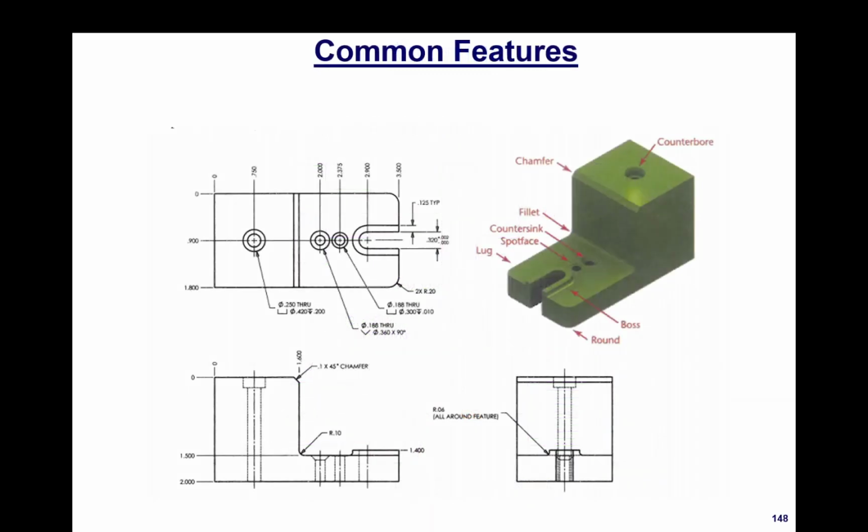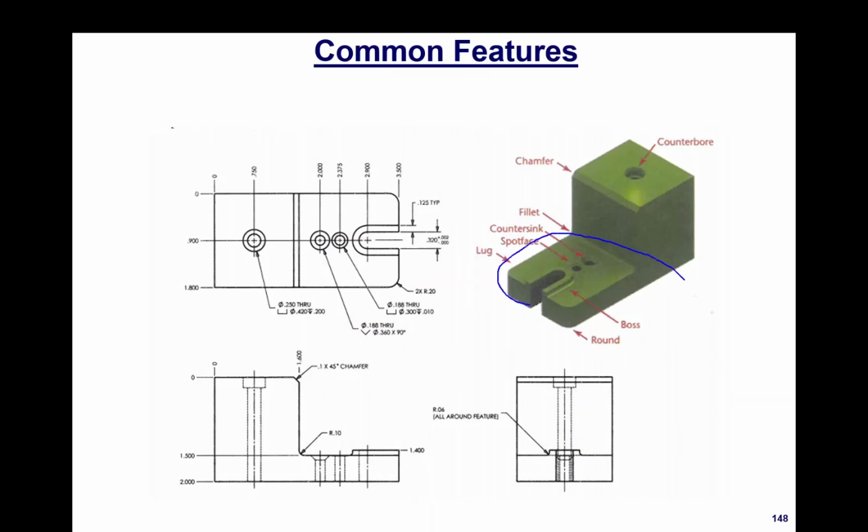Here's some other common features. Typically, on say a big AC motor in a factory or a gearbox, we call the large flange where we're going to bolt it down the lug.